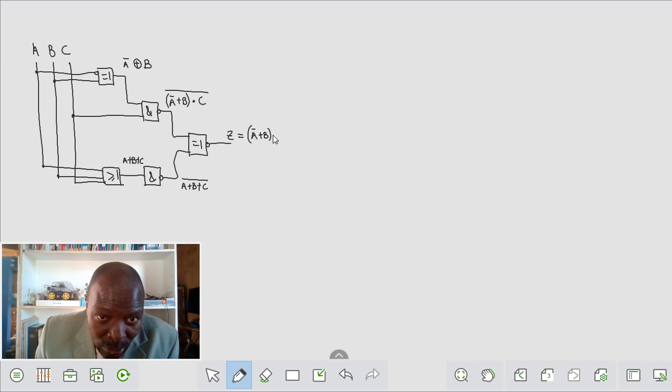It's dangerous to not have the bracket, because this is not equal to NOT A, NOT (A or B) in brackets with C. Just like in mathematics, if we were multiplying, you cannot just drop the bracket.